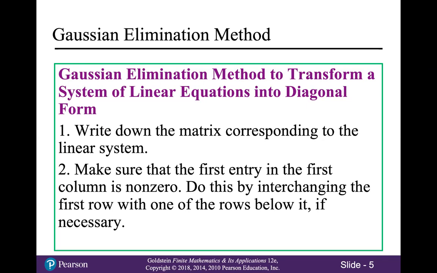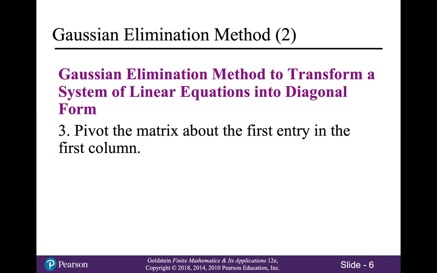Usually that first entry, first column is non-zero, but once in a while it's 0. So whenever that happens, just swap it with another row. All right, so once you have a non-zero entry in that first row, first column, you're going to pivot about that first entry, which means make it a 1 and make all the other entries in that column 0.